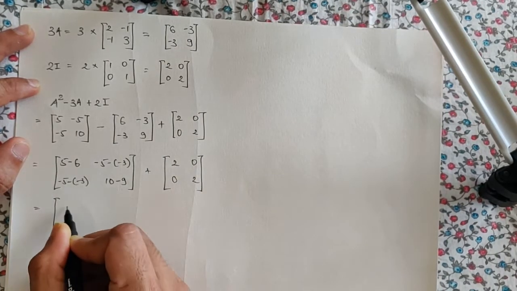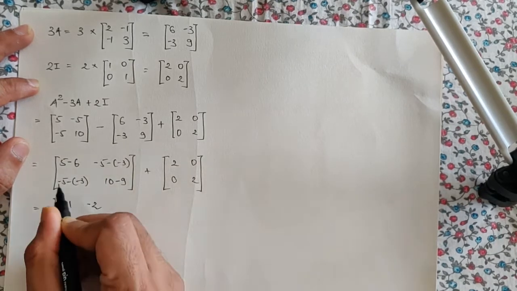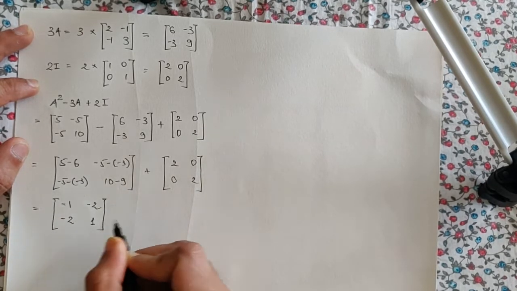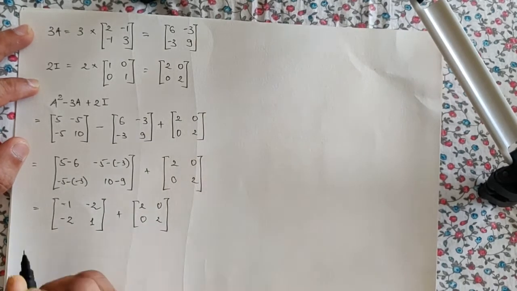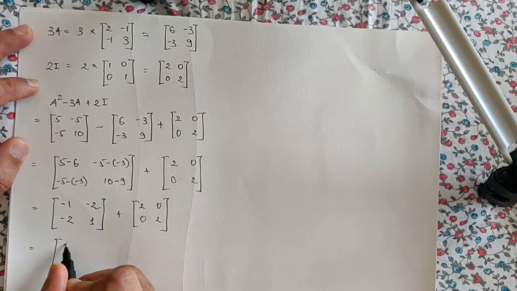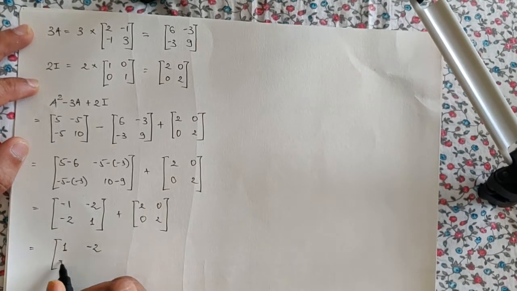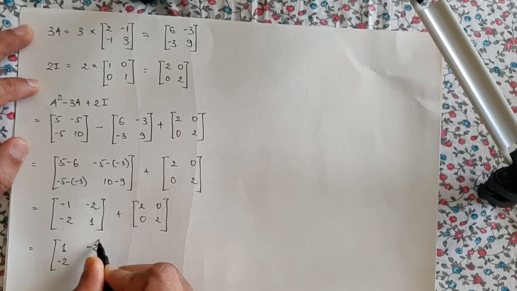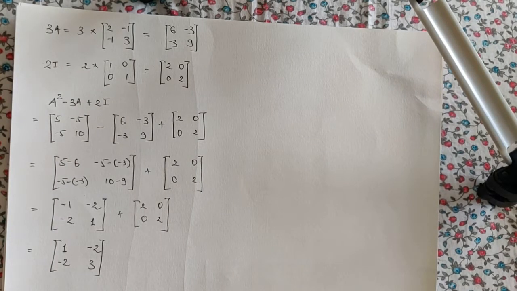So 5 minus 6 is minus 1, minus 5 plus 3 is minus 2, minus 5 plus 3 again minus 2, and 10 minus 9 is 1. Let's add this. So minus 1 plus 2 is 1, minus 2 plus 0 is minus 2, minus 2 plus 0 is minus 2, 1 plus 2 is 3, so 1 minus 2 minus 2 3.